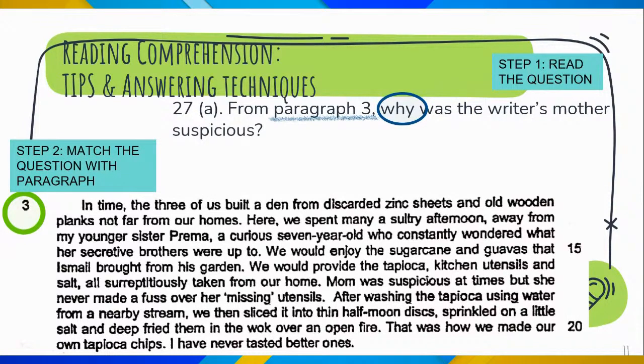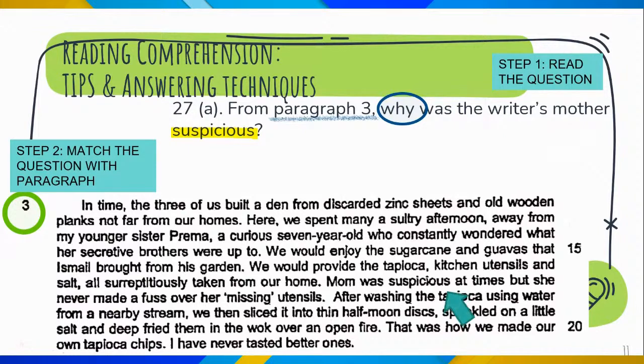And then moving up means that it's a higher level of questioning. In this case, it's why lah. Why means mengapa. They want the reason, sebab. Why was the writer's mother suspicious? In this case, the word suspicious. What does suspicious mean? Suspicious means curiga.